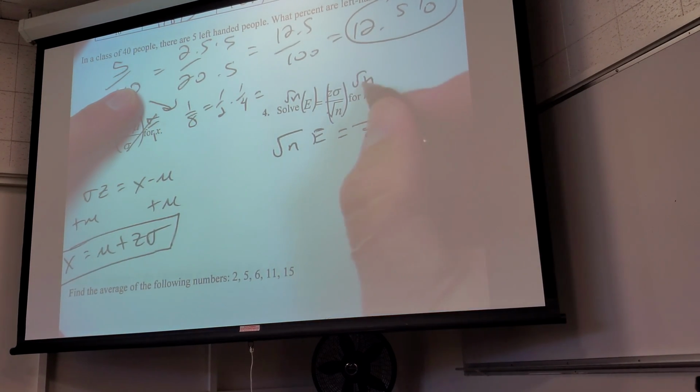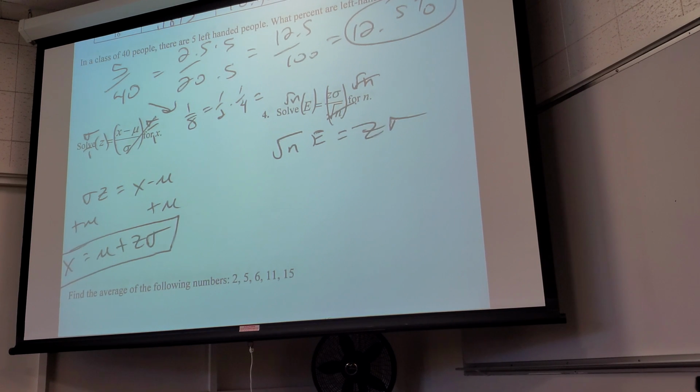It cancels on this side, die. Now you've got a few different things you can do in a different order. What would you think is the next step I can take here? I would divide by e, that's what I would do.